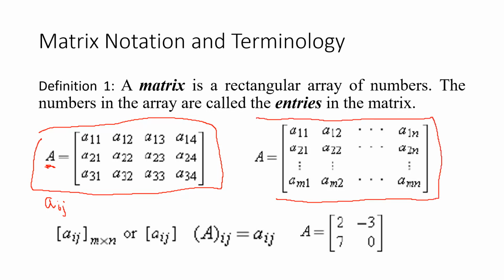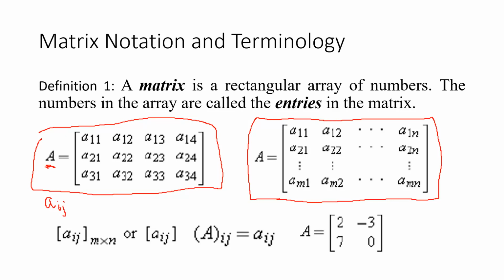Again, let me emphasize that in the subscript of the entry, the first number in the subscript is the row, which is i, and the second number in the subscript is the column, which is j.